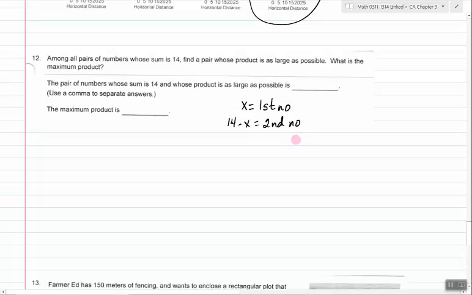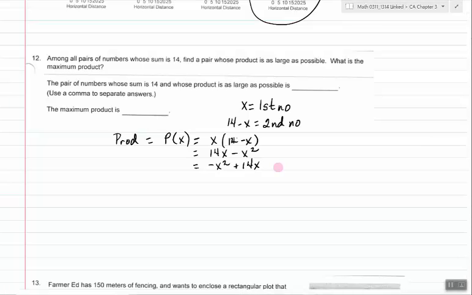Now, the product, I'll call it P of x, is x times 14 minus x. That's 14x minus x squared. I could write it as negative x squared plus 14x, and then we know that means plus 0.